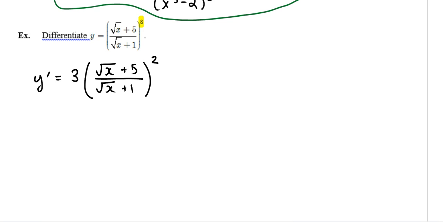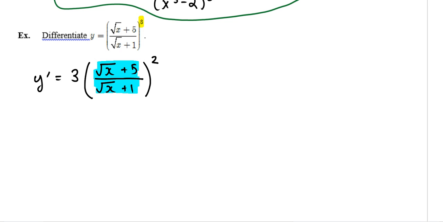And then we need to apply the quotient rule, which states that we need to take the derivative of the inside guy here. Now this is really going to suck because it requires a lot of work, since we need to apply the quotient rule again. So let's take the derivative of that fractional expression, the inside function.